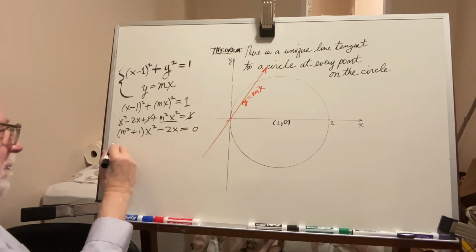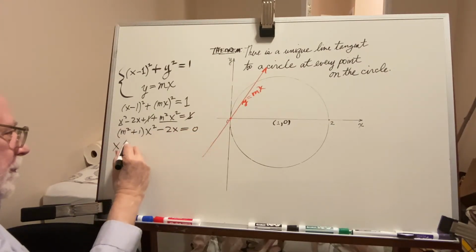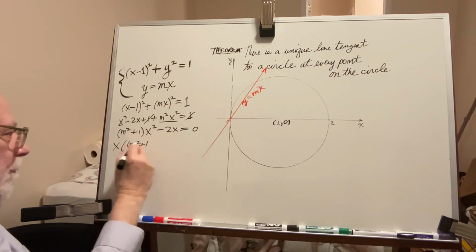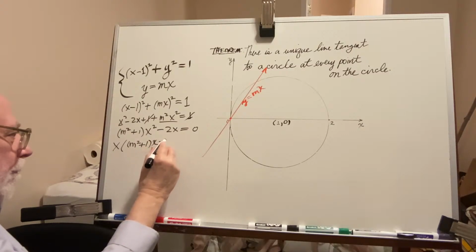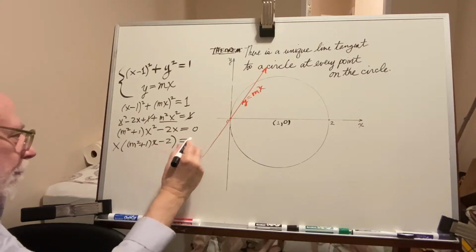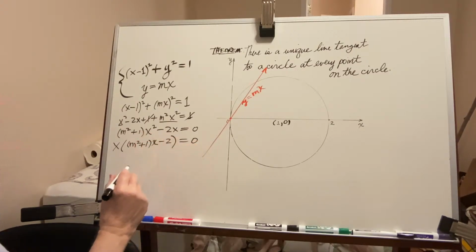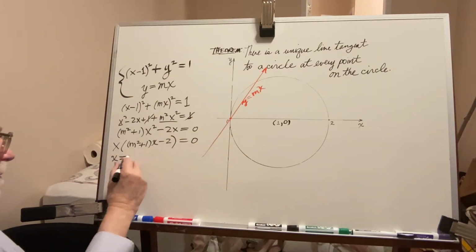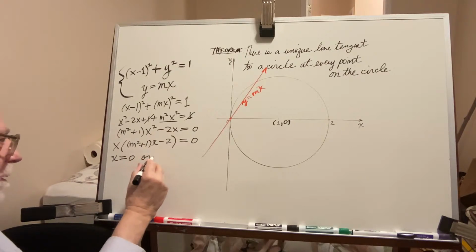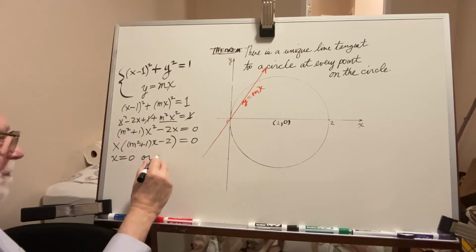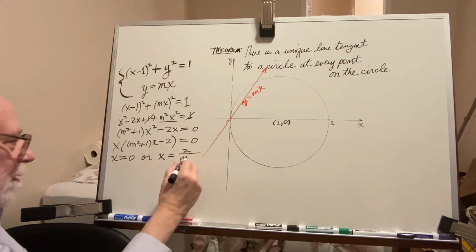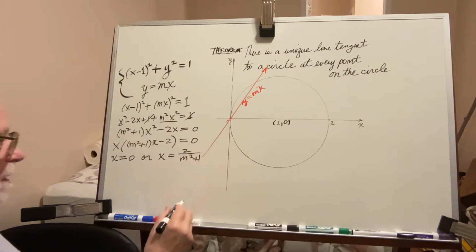Now we're going to factor; the common factor is x. So now we get x equals 0 or x equals 2 over m squared plus 1.